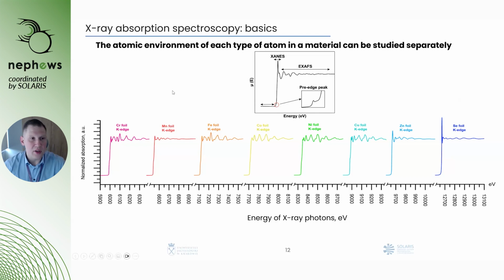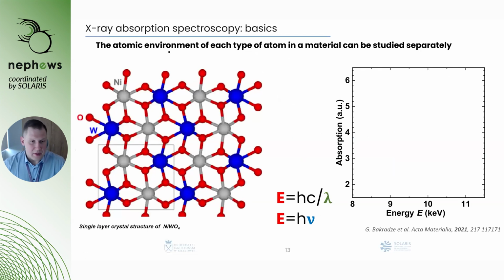It means that we can investigate the atomic environment of each type of atom in a very complicated material separately. Even if our material consists of different metals, for example chromium, manganese, or iron, the atomic environment of each element can be investigated separately. For this, I prepared an animation.